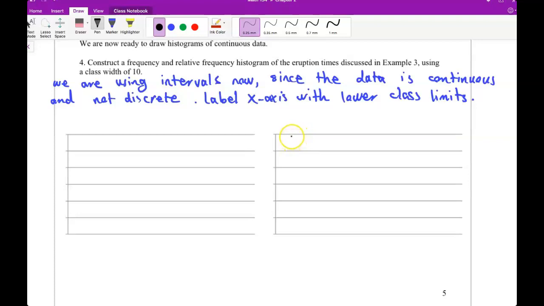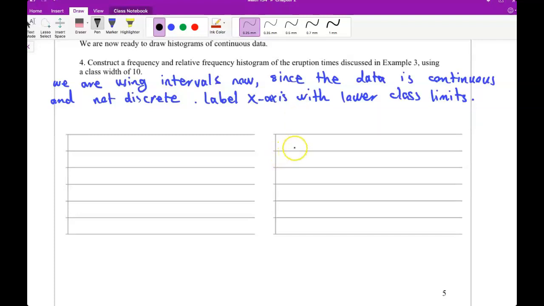Okay. So here is the option of Old Faithful.